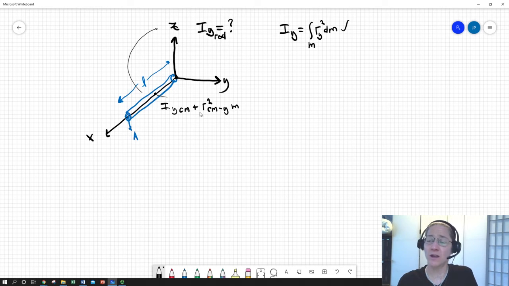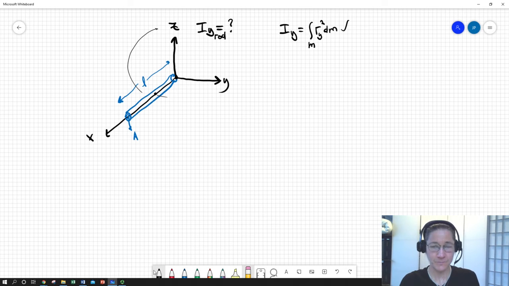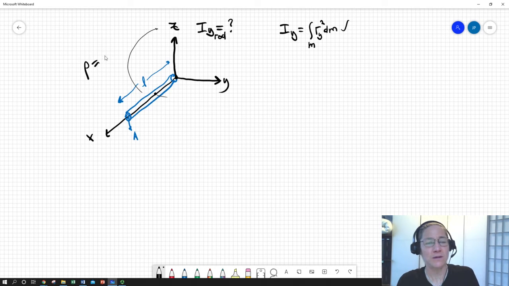So we could use the parallel axis theorem as well. But for this exercise, we're just going to integrate simply and refresh ourselves about how to use the basic definition of a bit of mass being at a given radius from the axis about which we're rotating, squared, and then integrating over the mass bit. So we're told in this case that we have a uniform density.